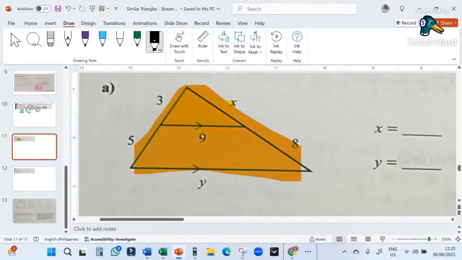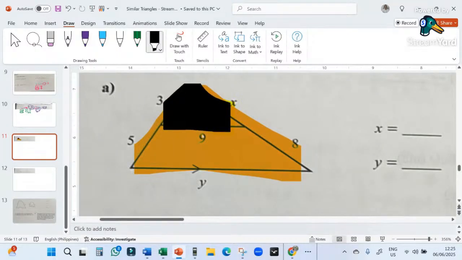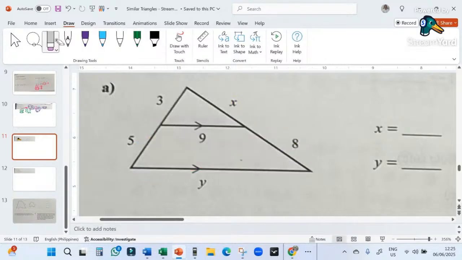It's already under the orange. So a triangle is inscribed in a big one. So that will be the basis for a similar triangle equation. This side is to the whole side of the triangle. So we can make a ratio 3 over 8 or 3 plus 5.